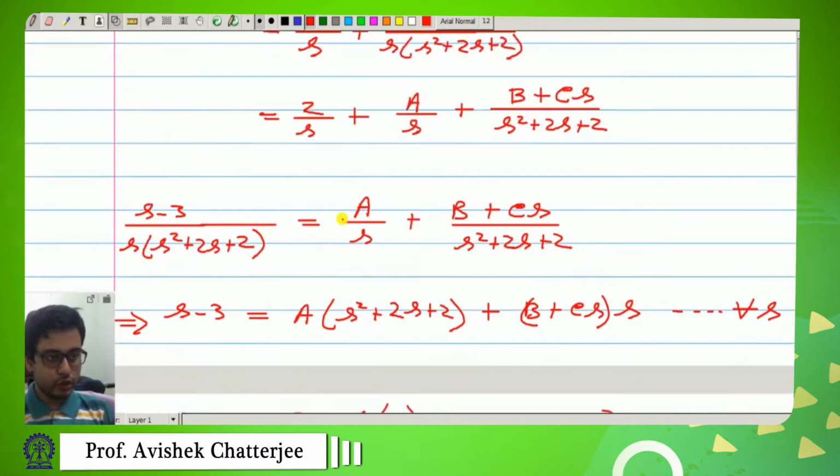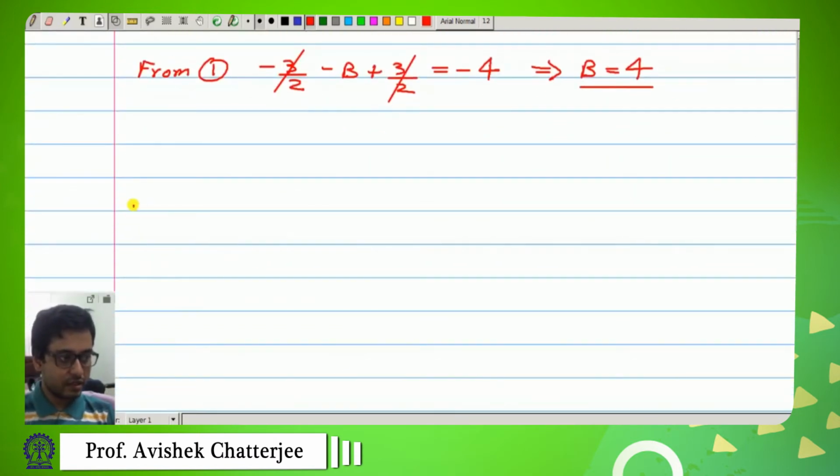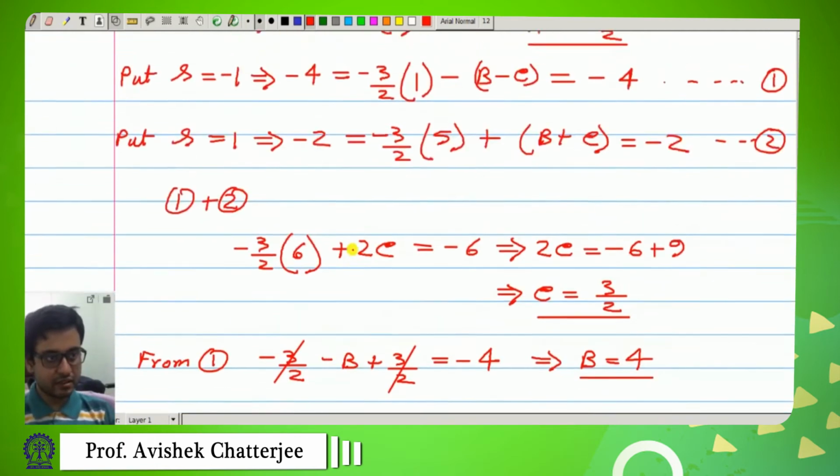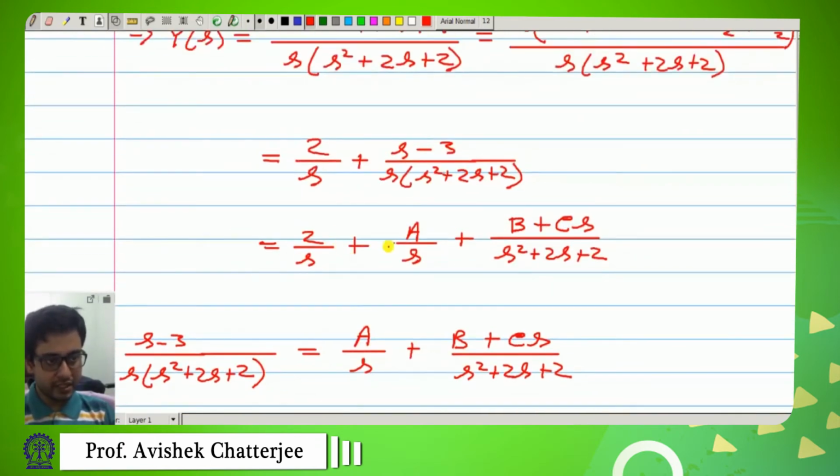Okay, so then we will get y(t) is equal to Laplace inverse of 2 by s. Then let me copy this.